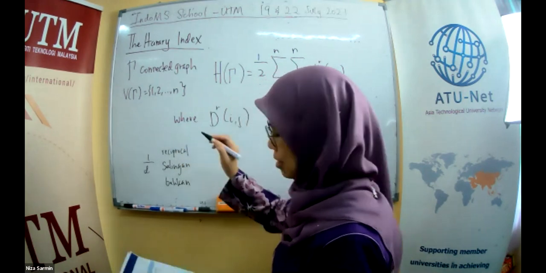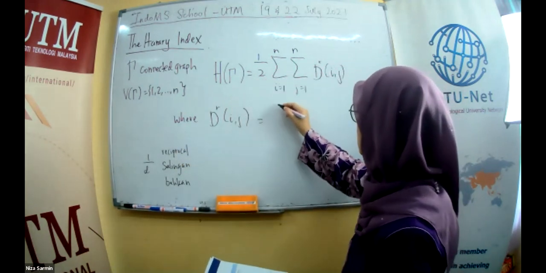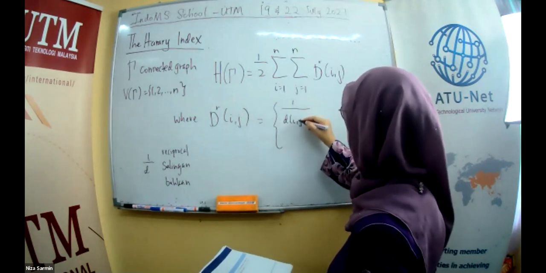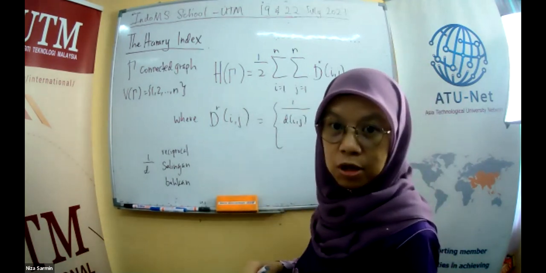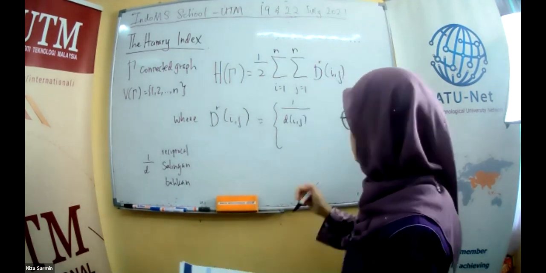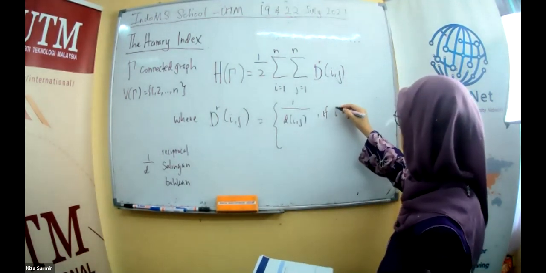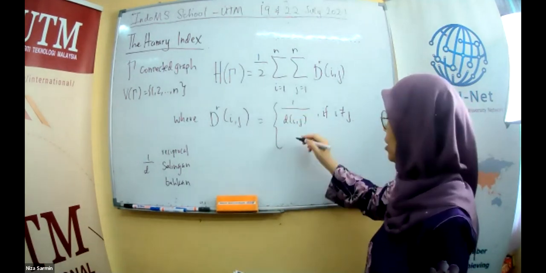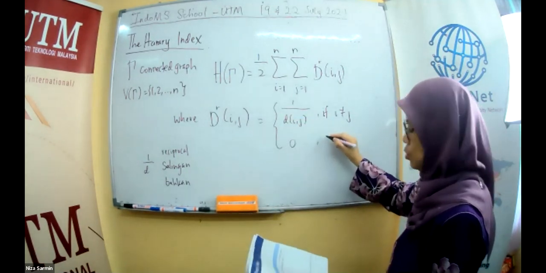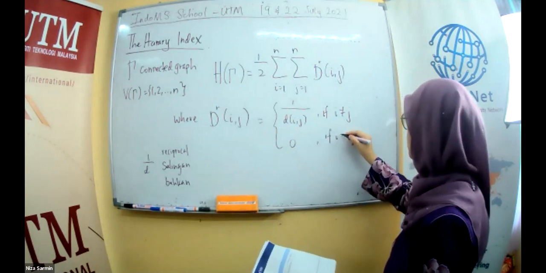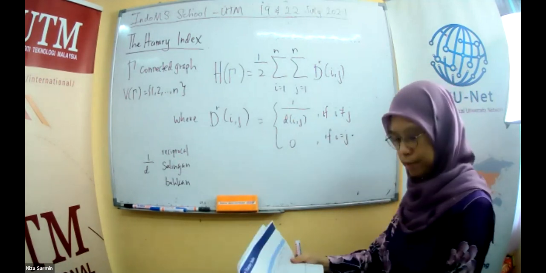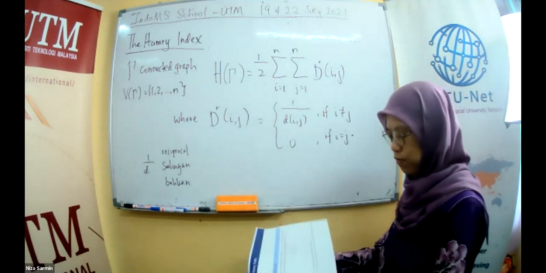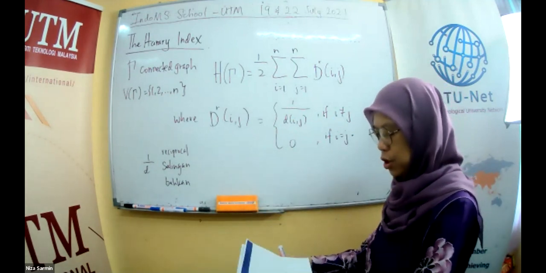Reciprocal. All right. So this is 1 over the distance. Shortest distance, yeah? When I mentioned the distance, it is actually the shortest distance. If they are not equal, because if it's equal, it's 0, right? You cannot do 1 over 0. So you just put equal to 0. Okay. So this is the normal distance. It's 1 over.